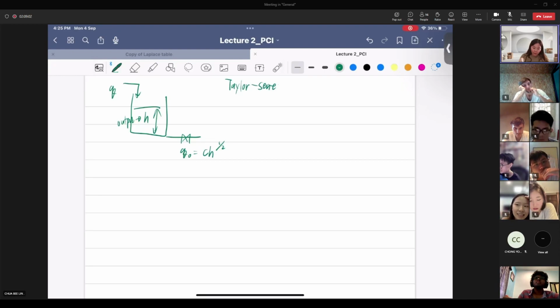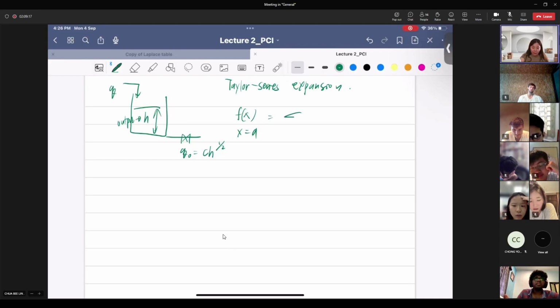Taylor series expansion. The equation is f(x) starting at x equals a. You don't need to memorize this equation, it will be given. It is a summation from n equals 0 until infinity of the nth order derivative.